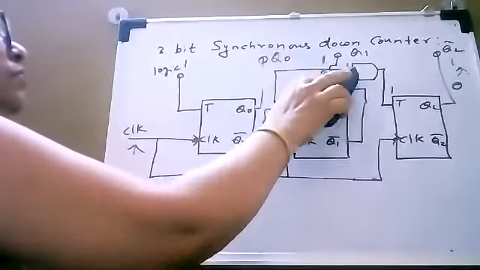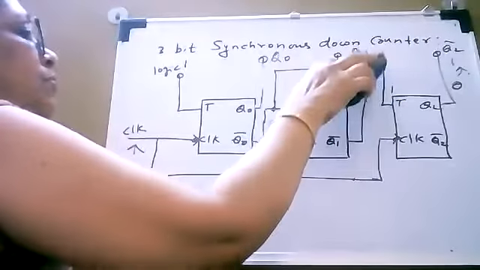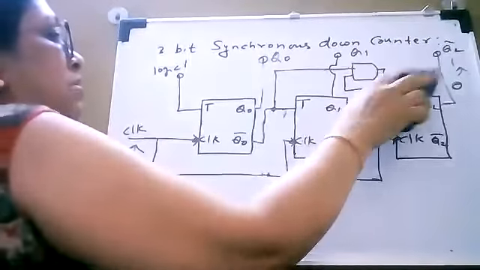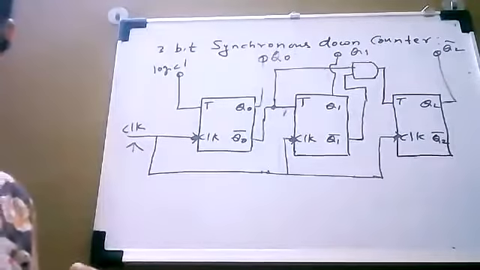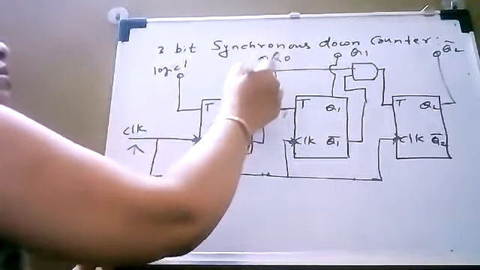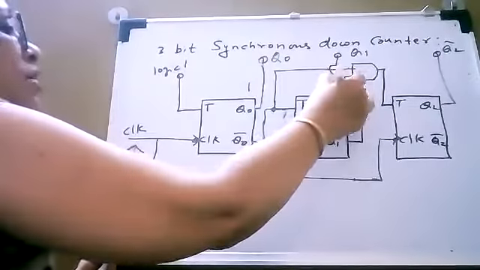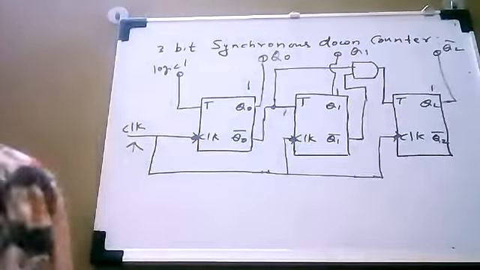So here we are going to assume the previous state is 1, 1, 1. Everything is 1. Q0 is at logic 1, Q1 is at logic 1, and Q2 will be at logic 1.